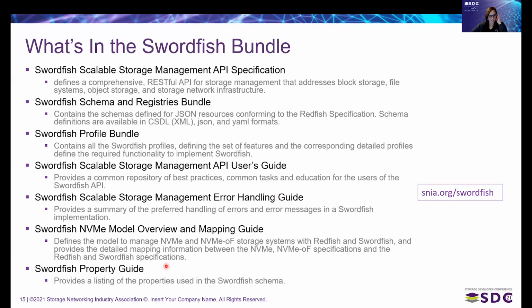Last but not least, we've just released the Swordfish Property Guide, which provides a listing of all of the properties used in the Swordfish schema. It's just a really nice listing to go see, if you're looking at a specific property, what's its definition? Where is it used?